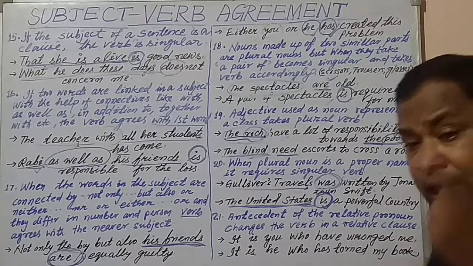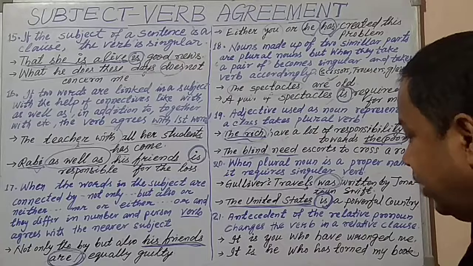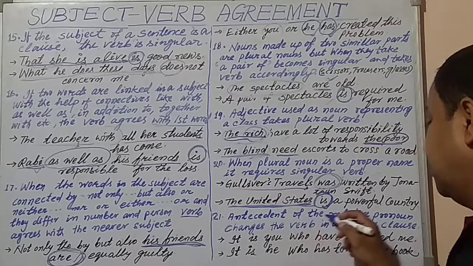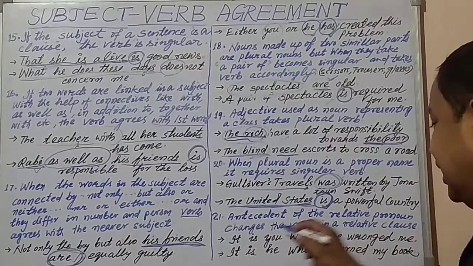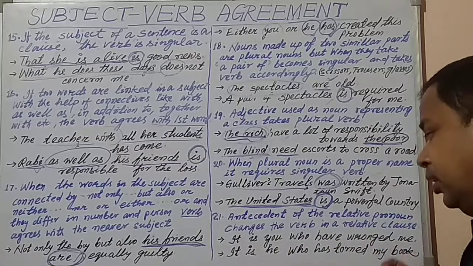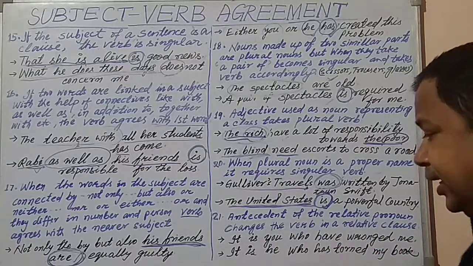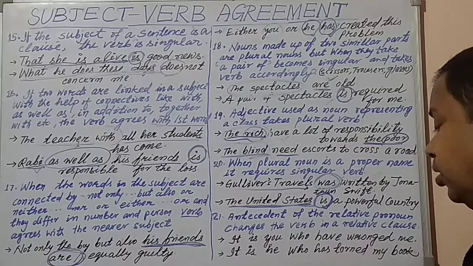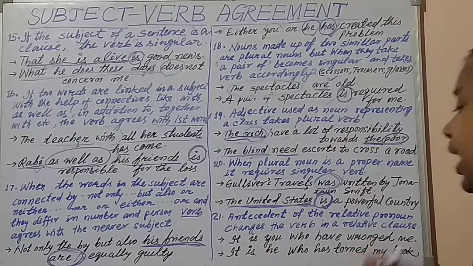Okay. Now let's move to the last one. Antecedent of the relative pronoun changes the verb in a relative clause. If in a sentence you have a relative clause, then you have to change the verb accordingly.